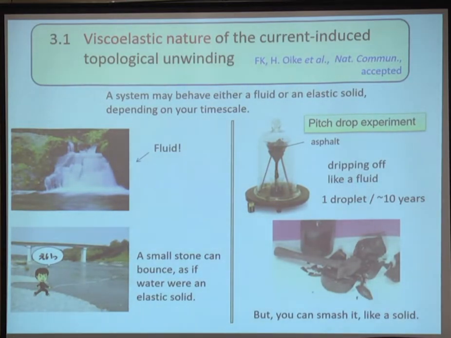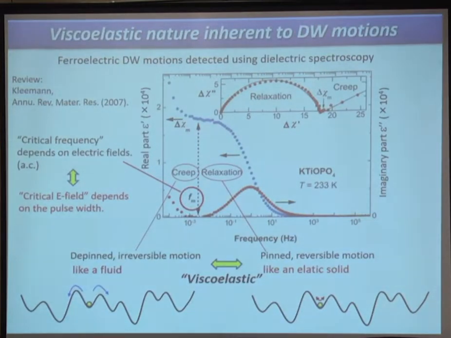As seen in these examples, in many materials, fluid nature and elastic nature can coexist. This is also the case in domain wall motion. This is ferroelectric domain wall motion studied using dielectric spectroscopy, where the sweeping parameter is frequency. This figure shows that at high frequencies, domain walls remain pinned and exhibit reversible motion, like an elastic solid.